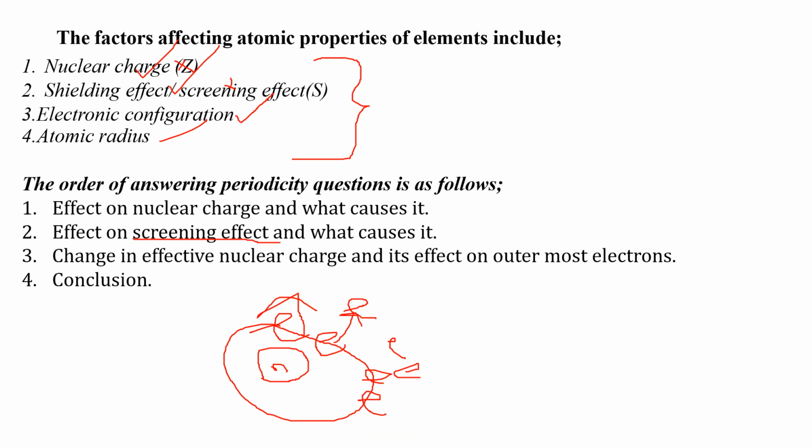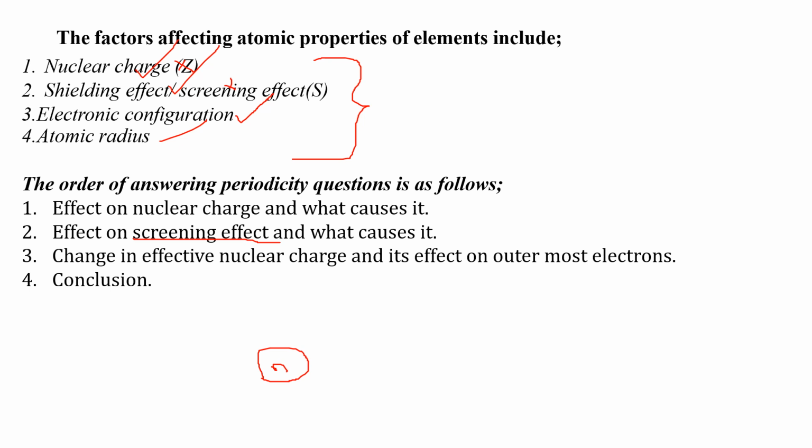If you look down the group, we shall be having additional completely filled energy level of electrons. So we expect screening effect to be increasing down the group. This is because we are adding completely filled energy level of electrons. So when you're explaining that, we need to see that reason well stated, that screening effect only increases when completely filled energy level of electrons are being added to the atom.